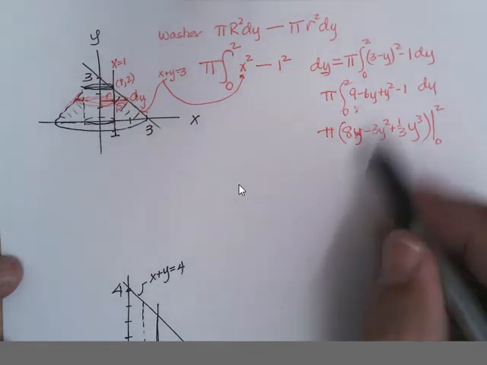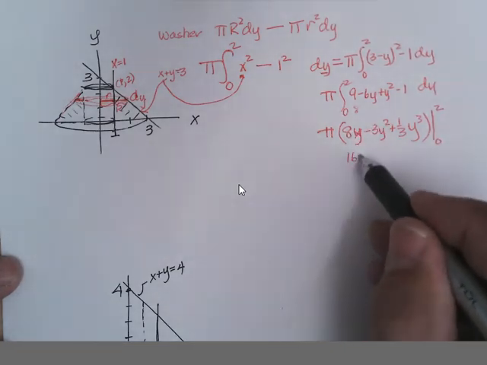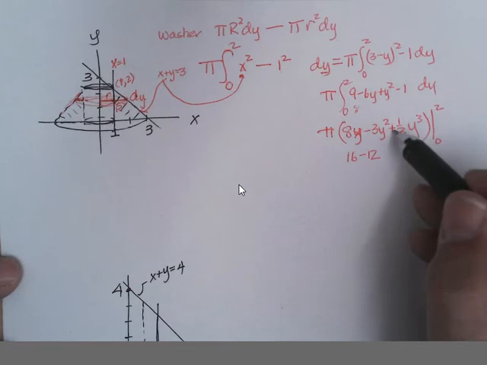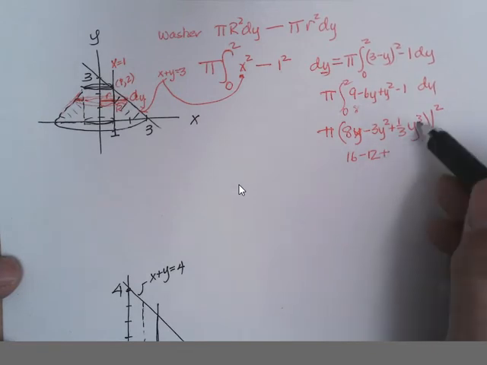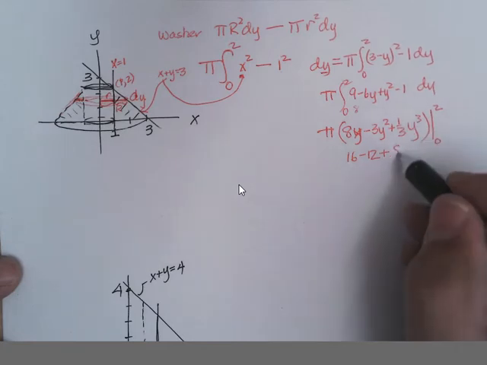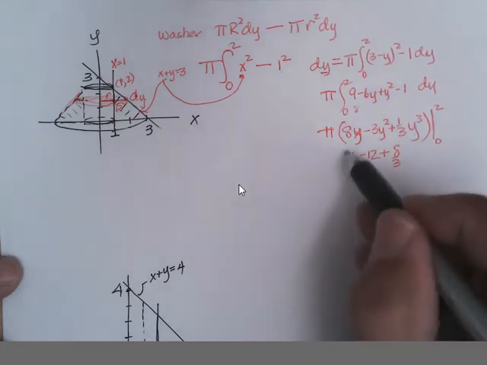So I'm going to get 16 minus 12 plus 2 in here is 8/3 times pi.